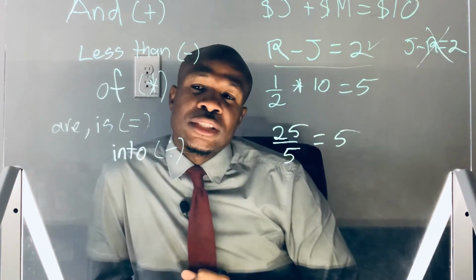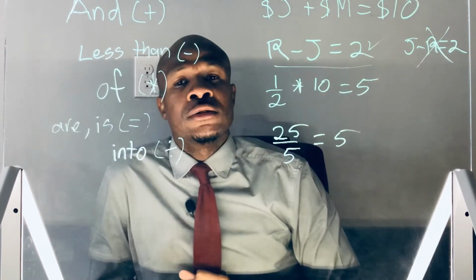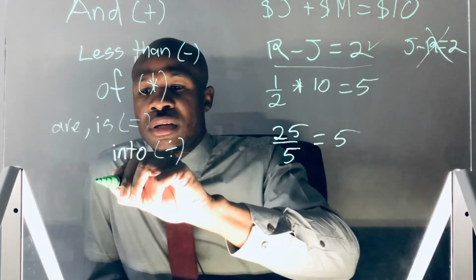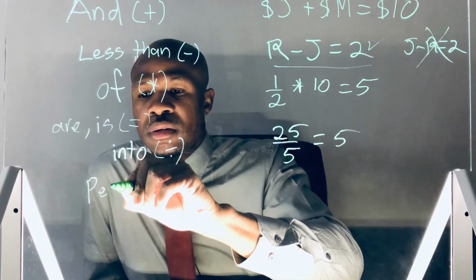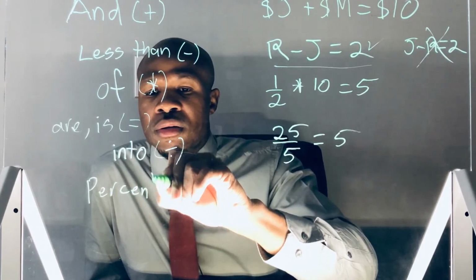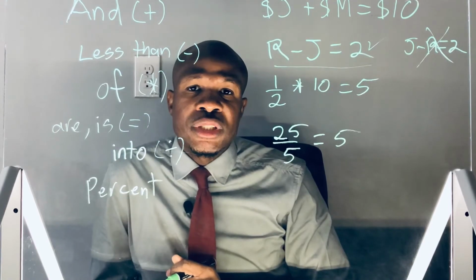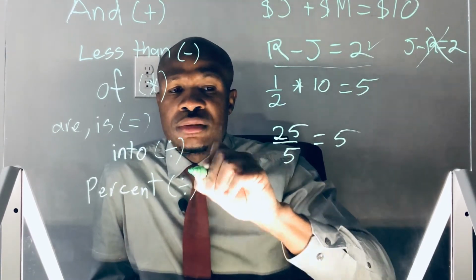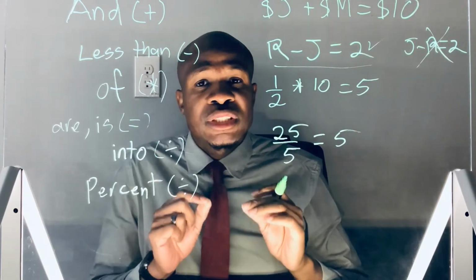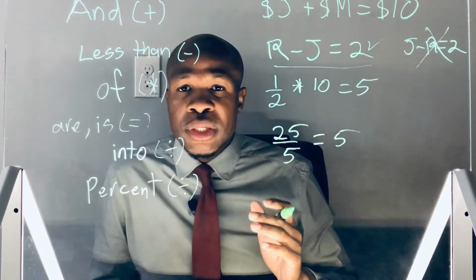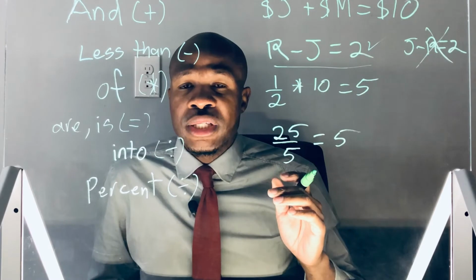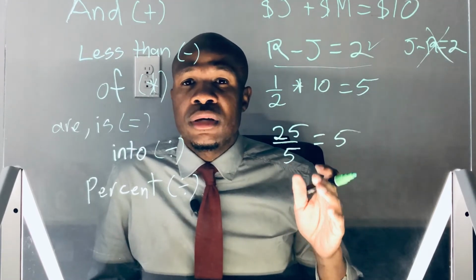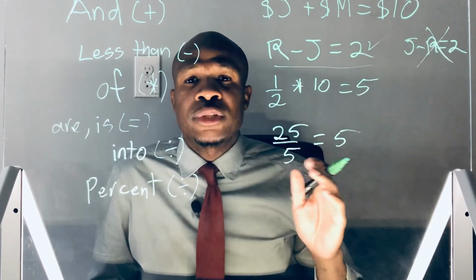And let's throw one last one out there. Let's go with "percent". What do you think of when you see percent? So percent, again, is division, right? But it's a very specific type of division. For example, if I say, what is 15% of 45?